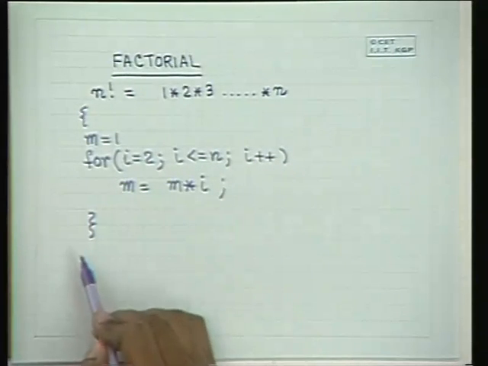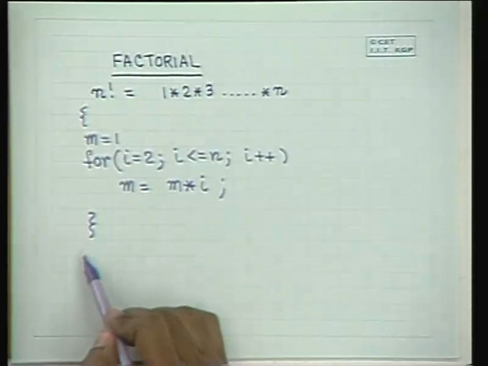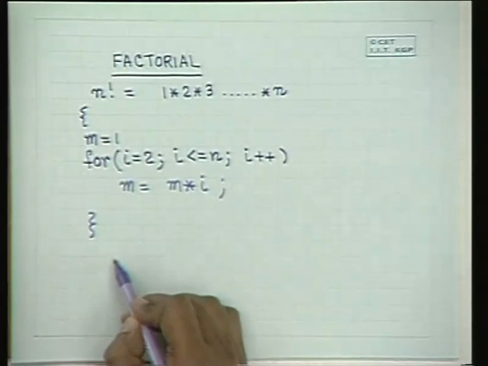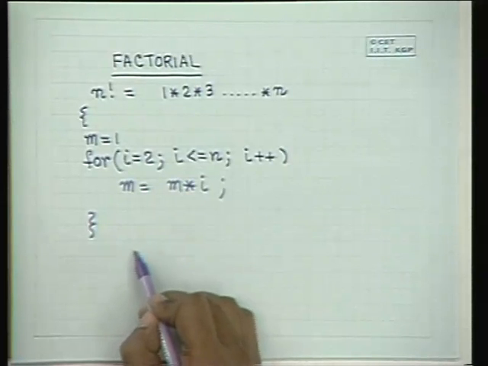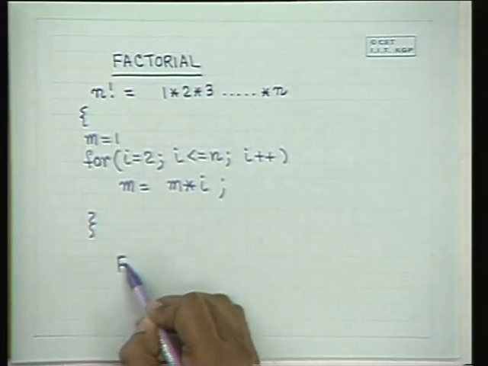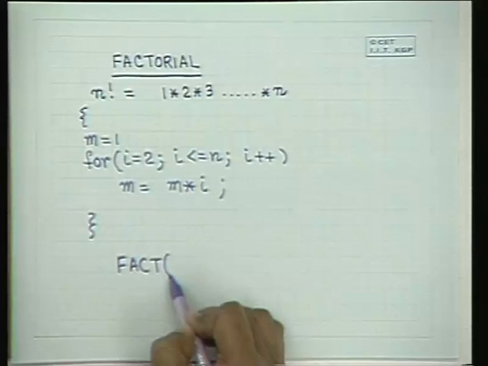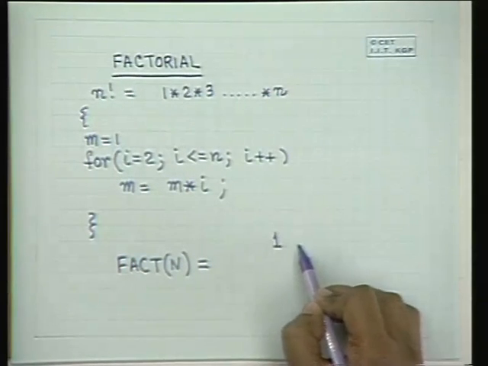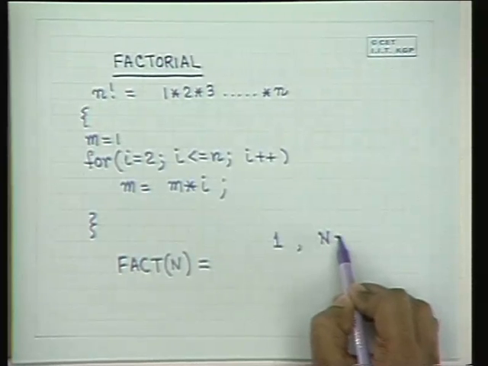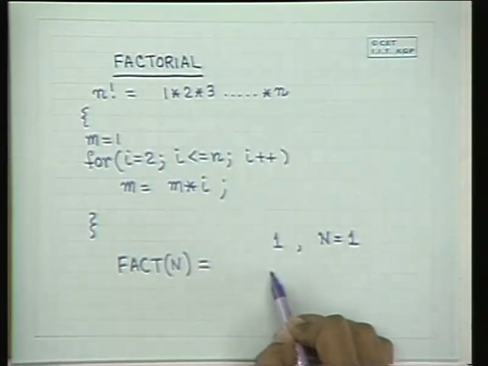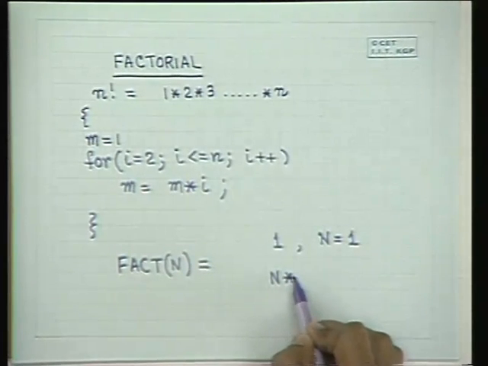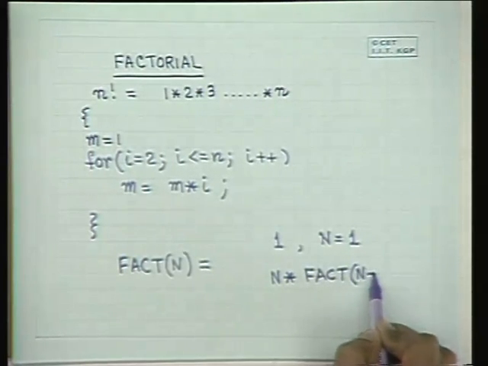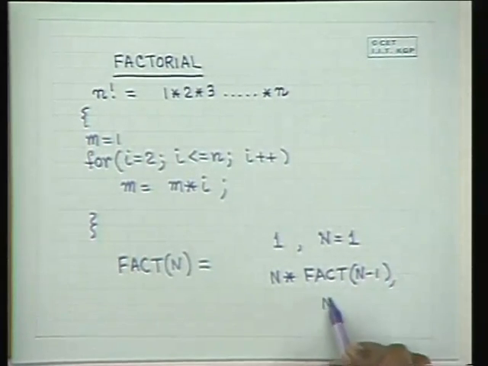However, factorial has another interesting inductive definition, and the definition of factorial can be written out inductively like this: factorial of n is equal to 1 for n equal to 1, and is equal to n into factorial of n minus 1 for n greater than 1.